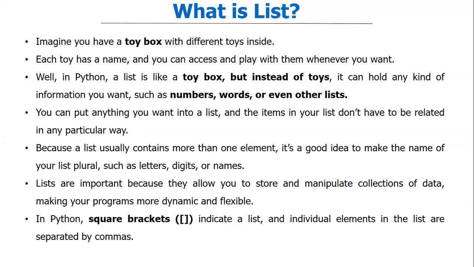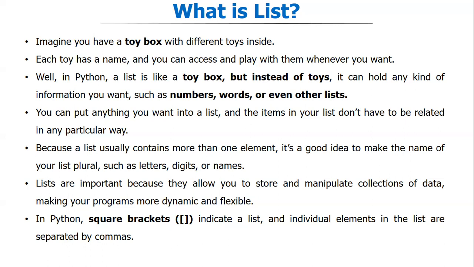You get it? Because a list usually contains more than one element, it's a good idea to make the name of your list plural. So for instance, you declare a variable and present it in the form of a list. Let's say you have a name, letters, or digits, and you know that the values in there are not just going to be one or two, but several of them.